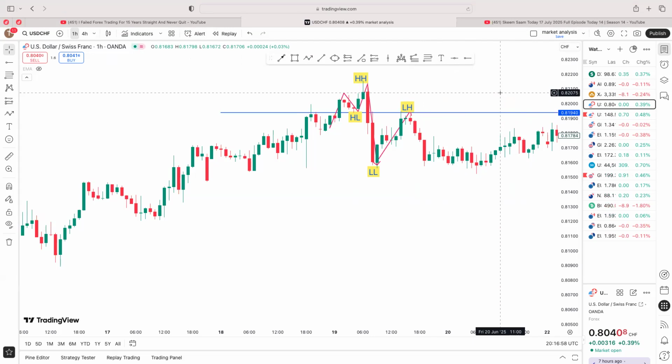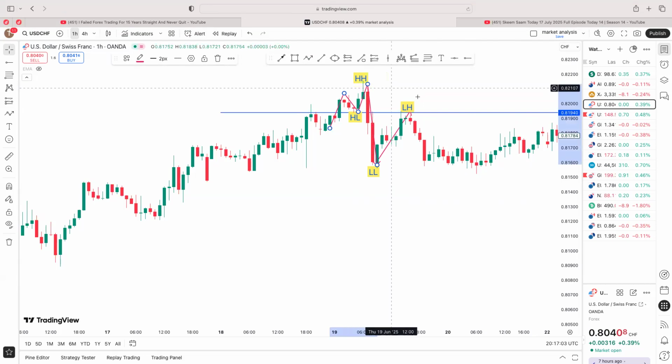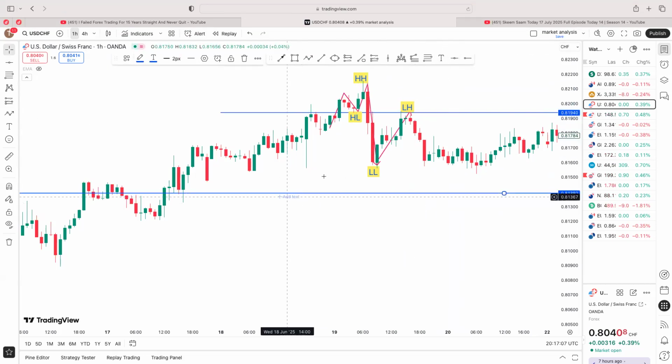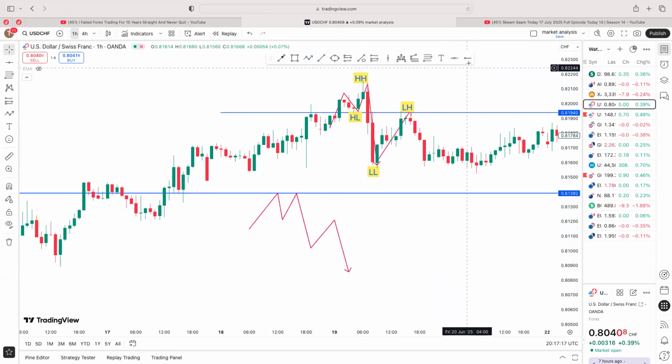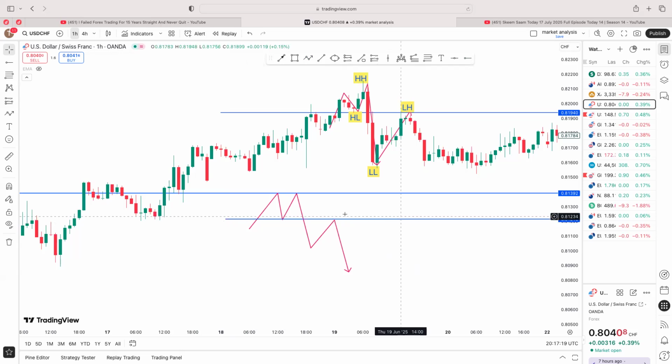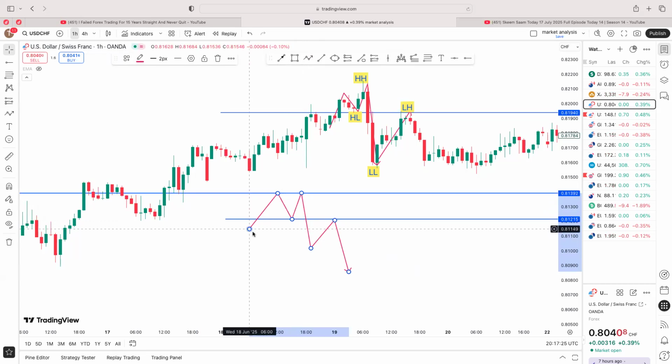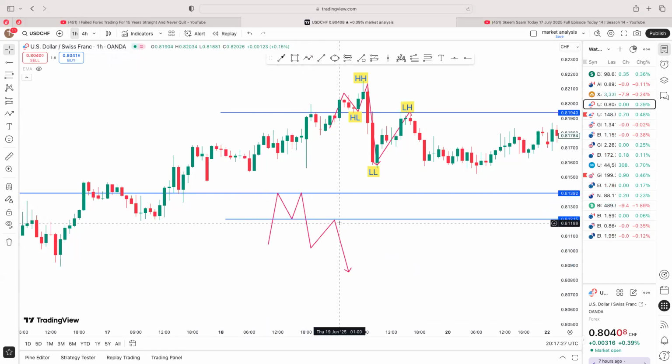It's going to the neckline. I told you don't be glued to the equal highs. Don't think it will always do something like this. I told you don't be glued to this. You remember, right? Be open-minded when you trade.